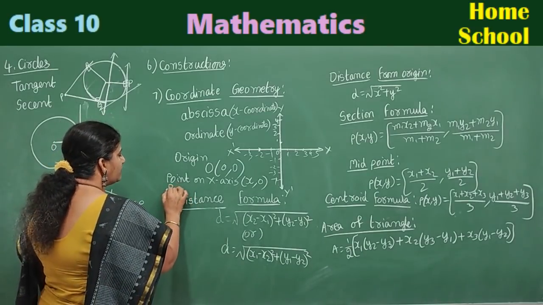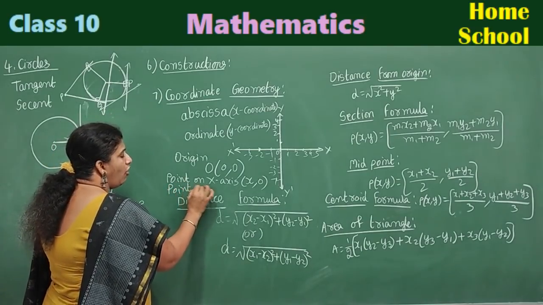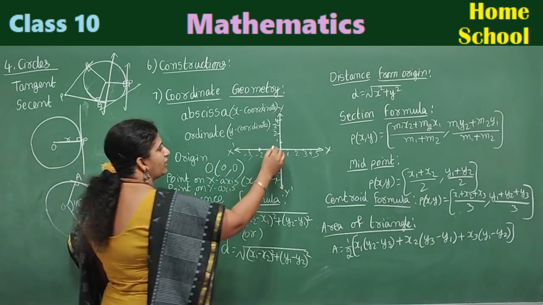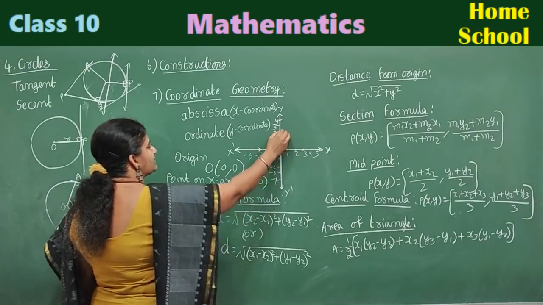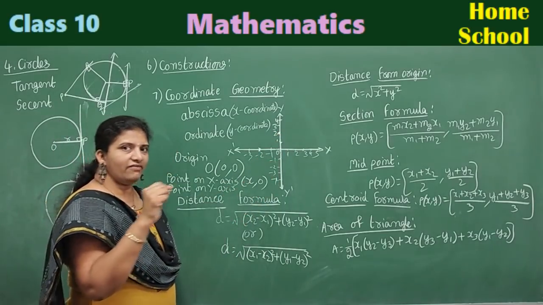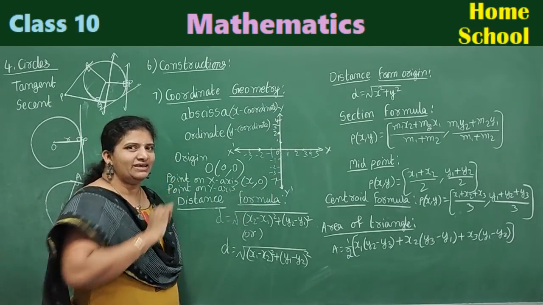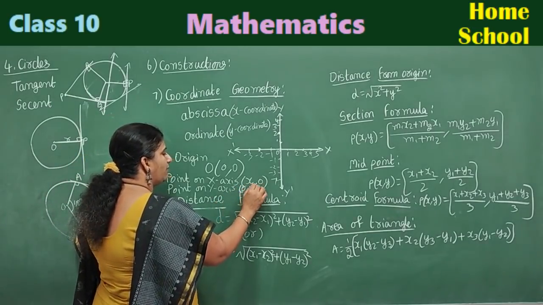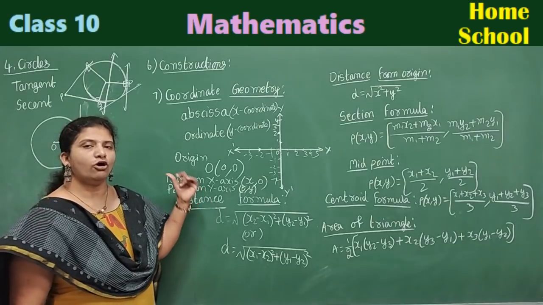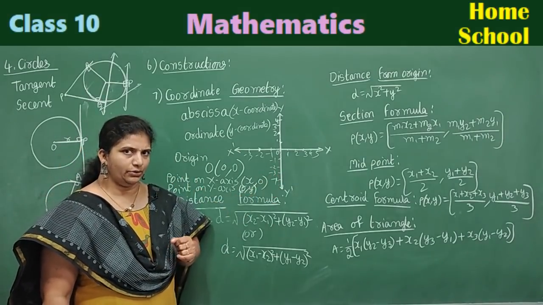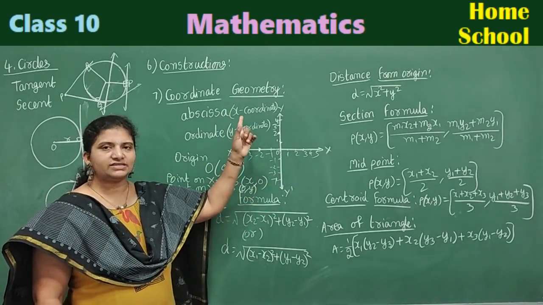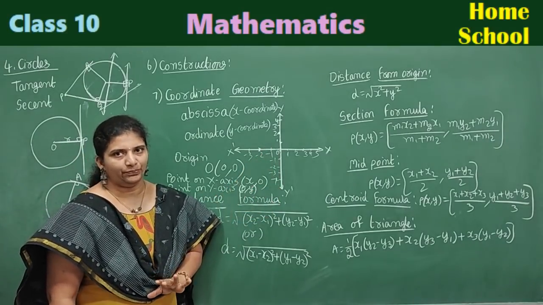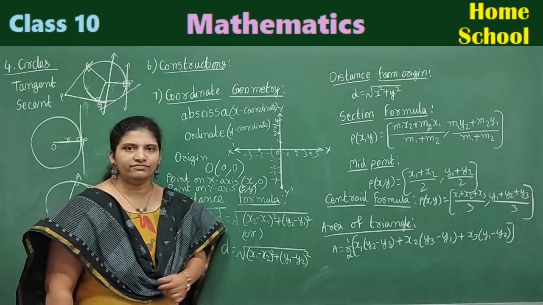Point on the x-axis: x comma 0. And coming to the next one, point on the y-axis. Suppose there is a point anywhere on the y-axis, y will have a value and x will be 0. That will be represented as 0 comma y. Point on the y-axis, y will have a value and the x scale will be 0. That will be 0 comma 5.